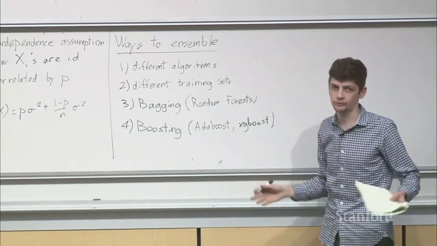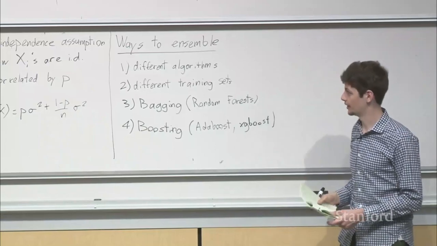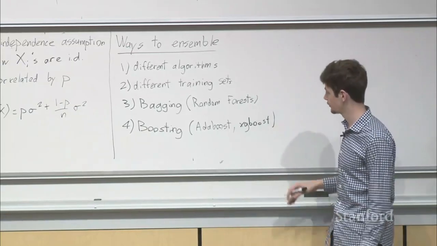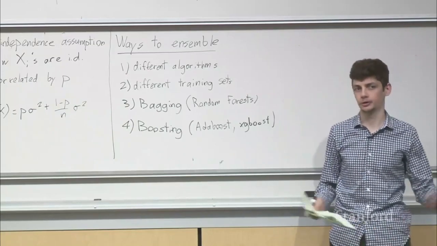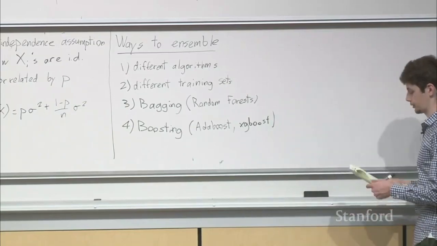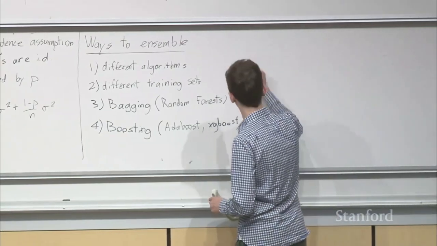These first two are very nice because they would give us more independent, less correlated variables. But generally we end up doing these latter two because we don't want to collect new training sets or train entirely new algorithms. Okay, so let's cover bagging first.